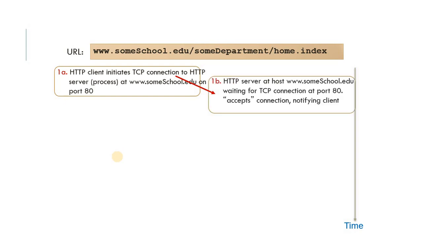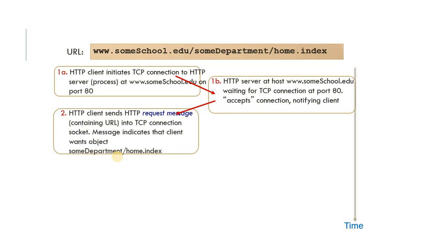On the server side, the server creates the connection and notifies the client. Now the connection is established. After establishing the connection, the client sends a request message into the TCP connection socket. The message indicates that the client wants some object.